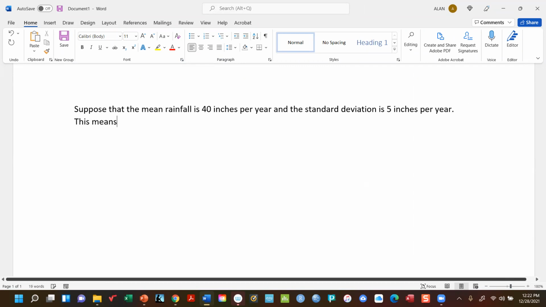This means that 95.44% of the time, rainfall will be between 2 standard deviations below the mean, which is 30, and 2 standard deviations above the mean, which is 50 rather.